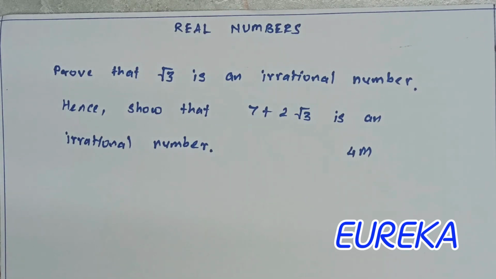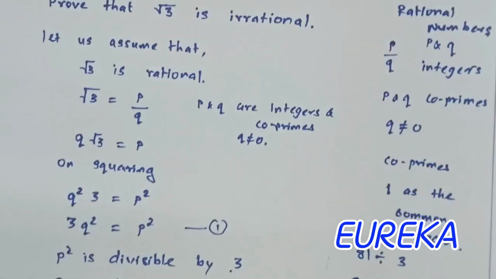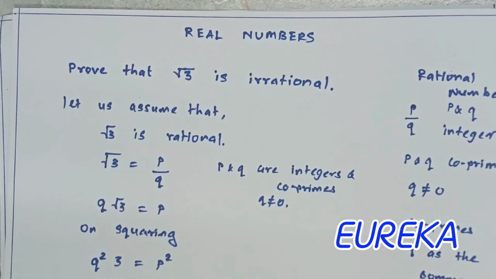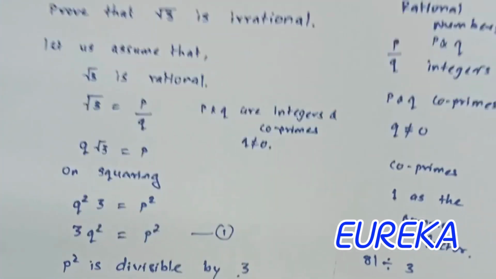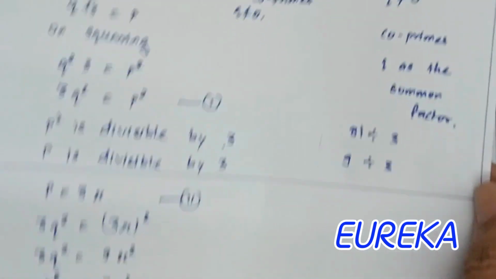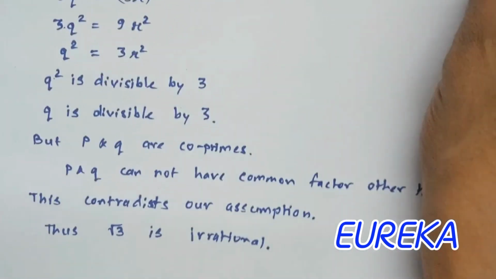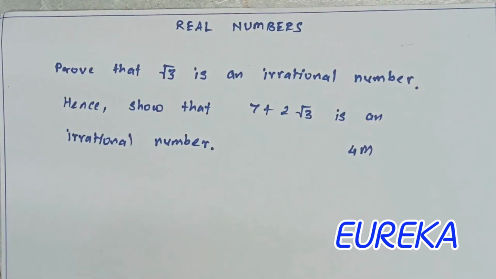Just for your reference I will show you that. See, prove that root 3 is an irrational number. So do you think the whole procedure will be used for this also? Then what is the use of solving this first?